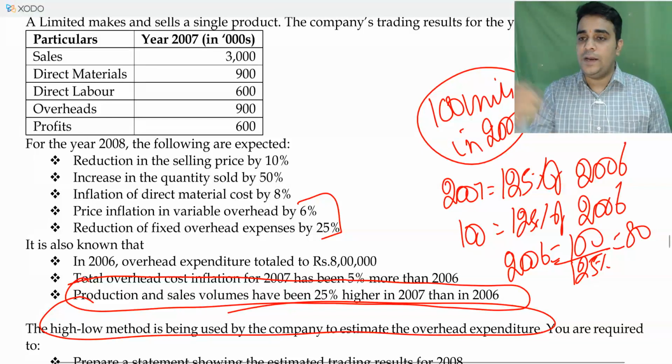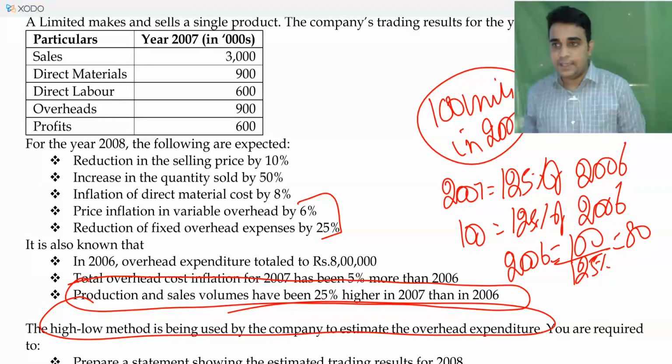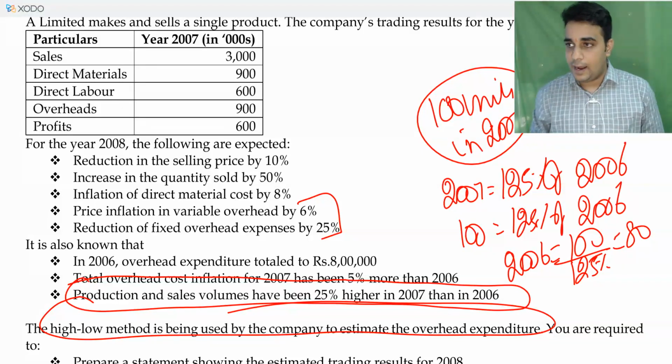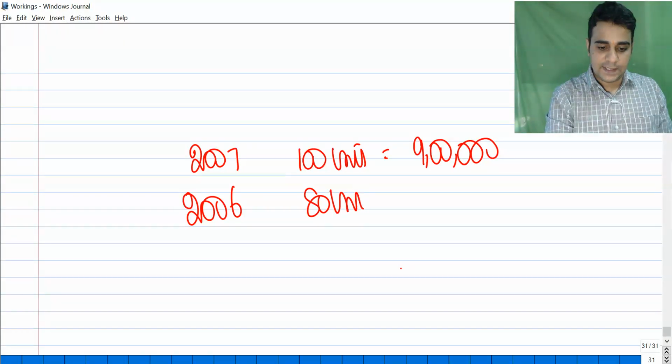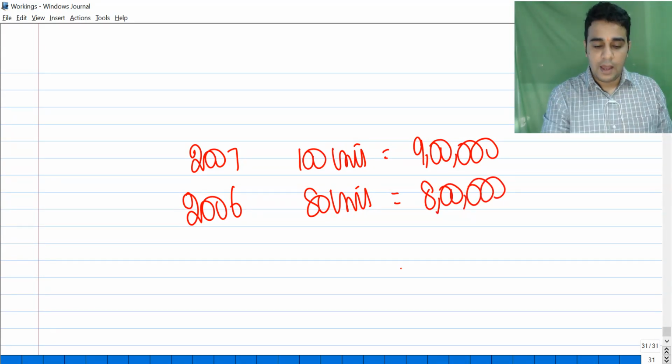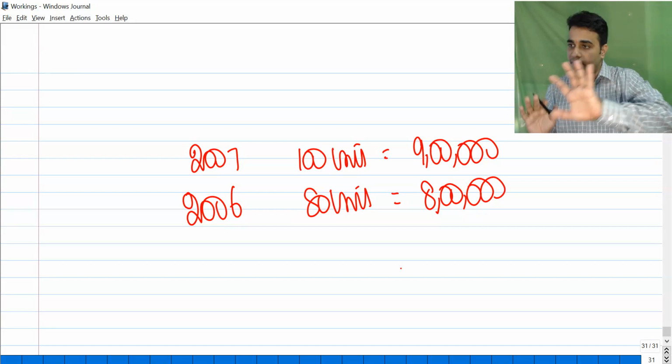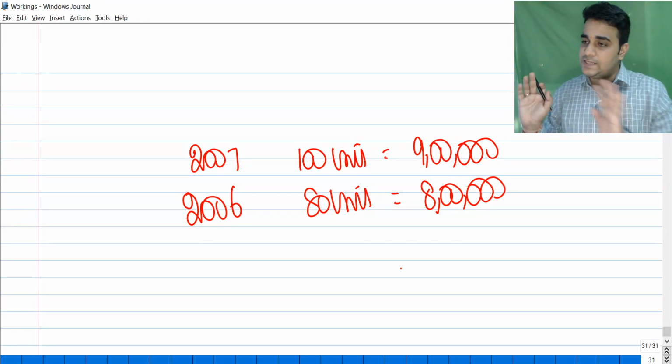On this 80 add 25%, you will get 100. 80 units, how much is the expenditure? Assume now 2007 100 units 9 lakh, 2006 80 units 8 lakh.